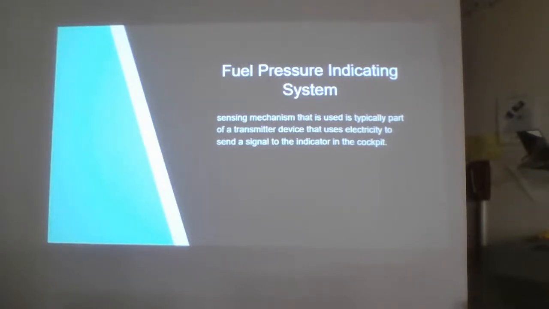We talked about Bourdon tubes, we talked about electrical sensors, we talked about diaphragms, bellows. So whatever sensing mechanism is used to directly read this fuel pressure is typically included in the fuel pressure transmitter, so that it can include that sensing mechanism and then convert that mechanical energy into an electrical signal so that they don't have to run a fuel line into the cockpit.